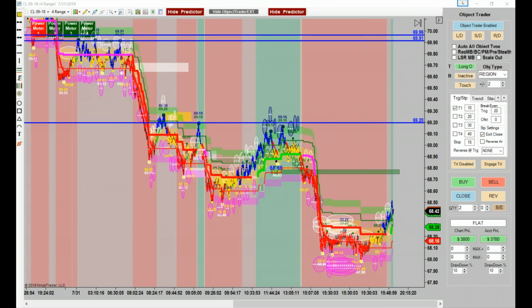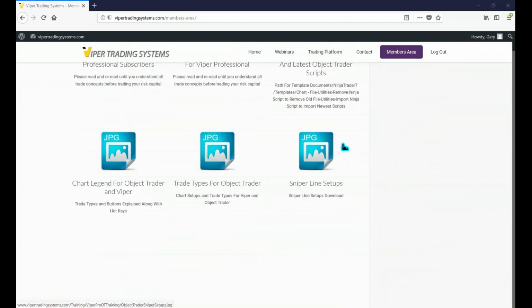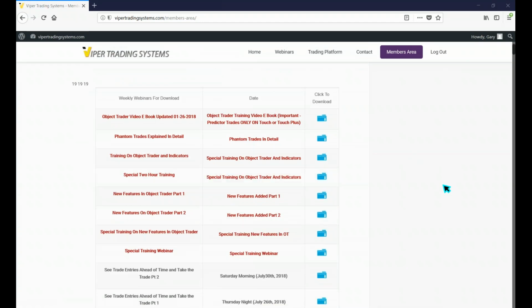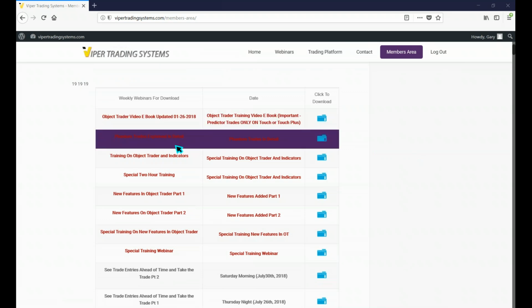Okay, go to your member login, and then scroll down. And this is your ebook right here that teaches you all about Object Trader, you know, the trades. It's not really teaching you how to trade it, it's teaching you how to enter the trades. And then here's Phantom Trades explained in detail.